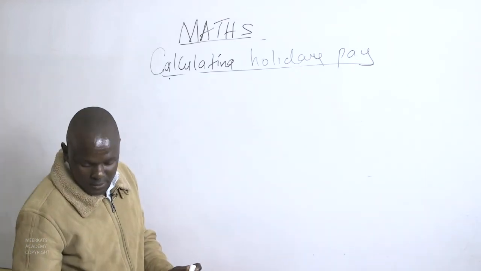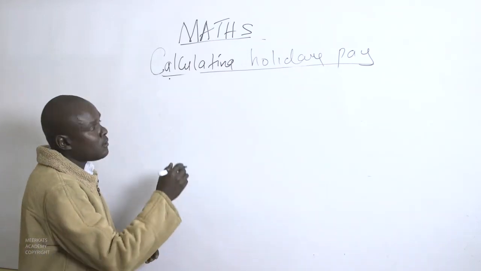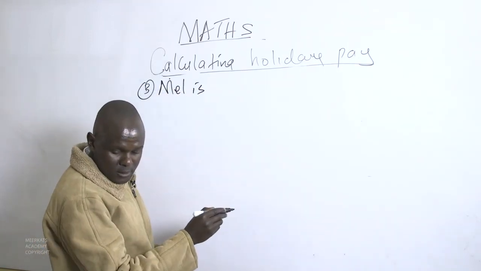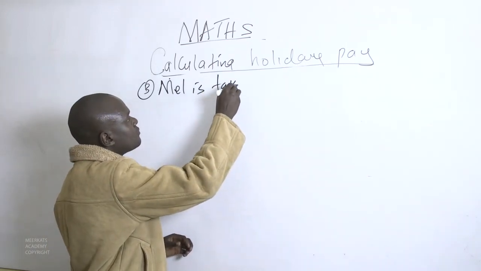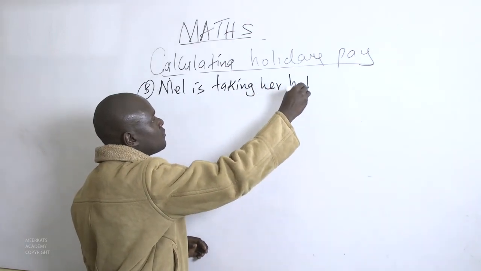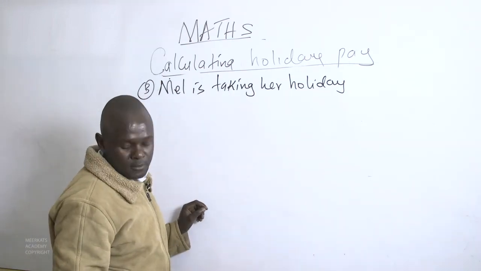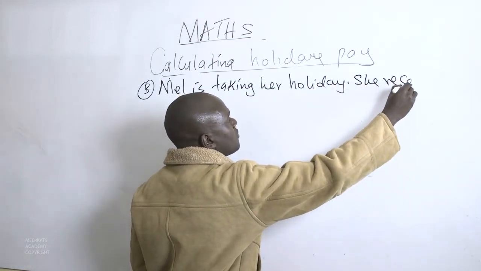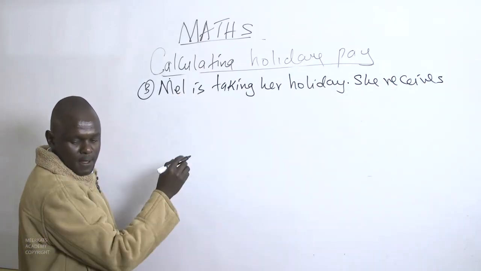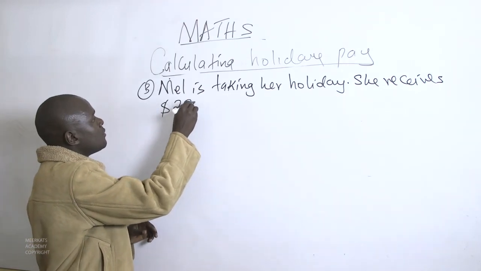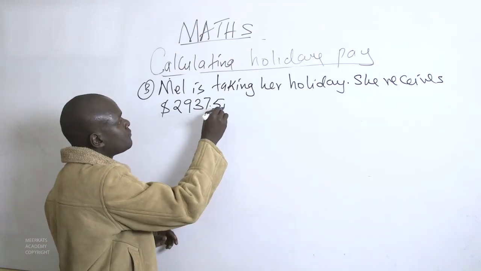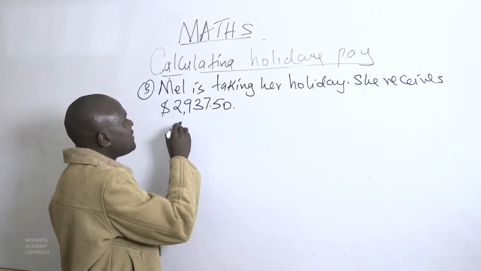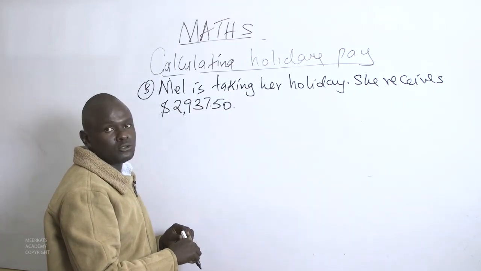This example is a bit different from the first two. Mel is taking her holiday. She receives $2,937.50.